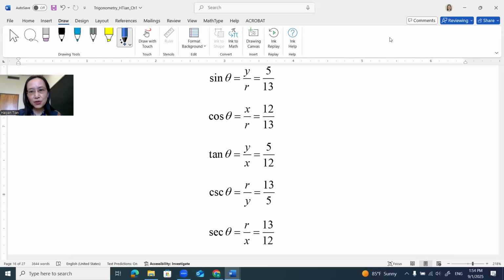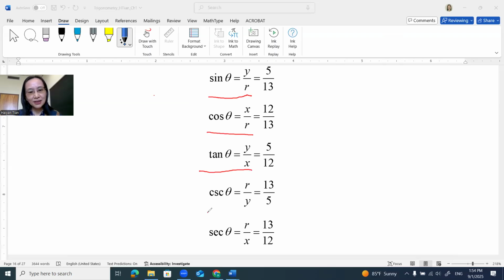So just before we apply the definitions again, I want you to actually review it quickly. You see sine is always that definition. You just apply it. Y over r. Cosine, x over r. Tangent, y over x.